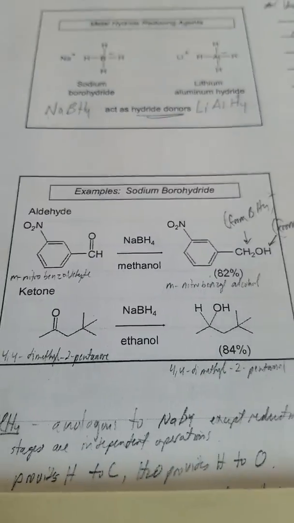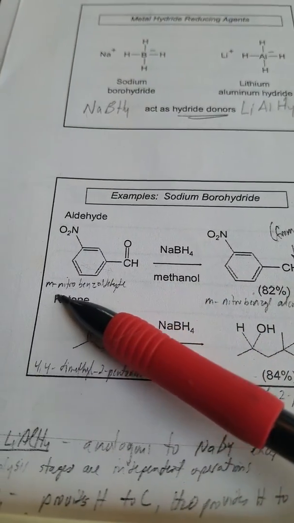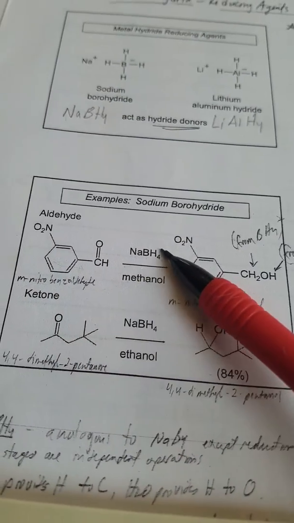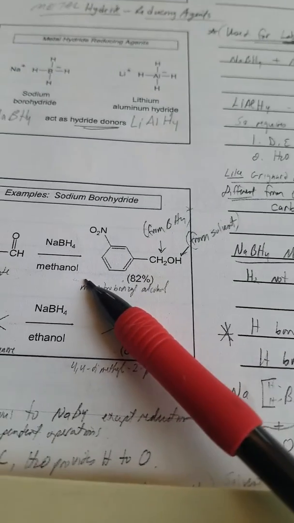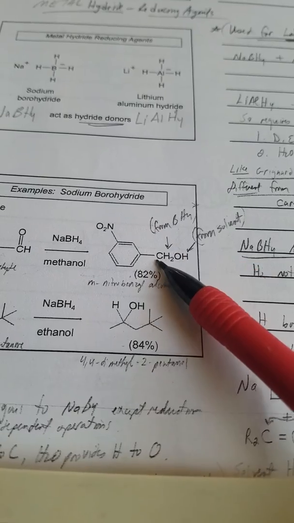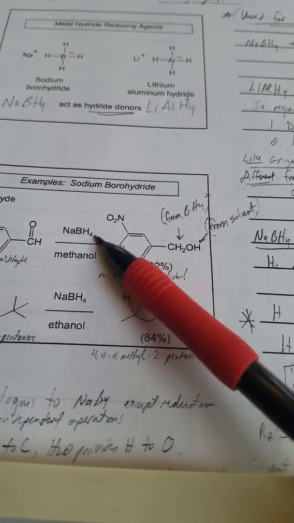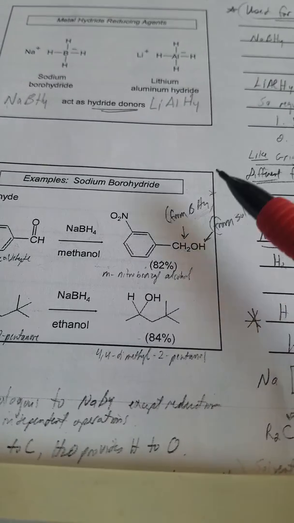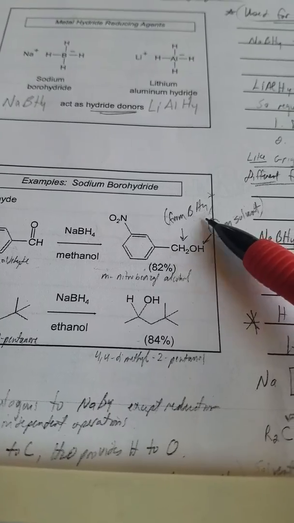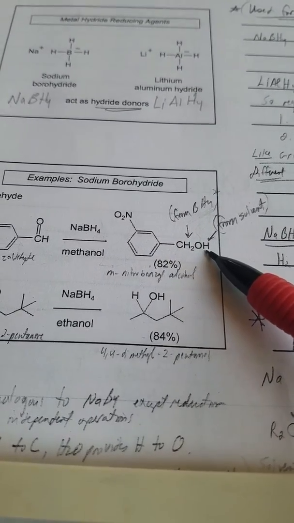So let's look at an example. If I start off with this compound, meta-nitrobenzaldehyde, I'm going to use the sodium borohydride and methanol. The hydrogen that is going to link up to the carbonyl carbon is going to come from the borohydride ion. And the hydrogen that's going to make the OH group is going to come from the methanol.